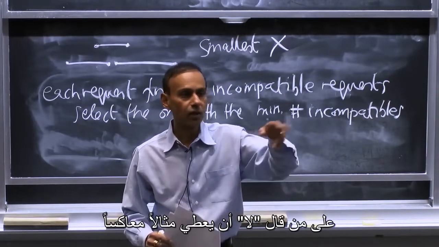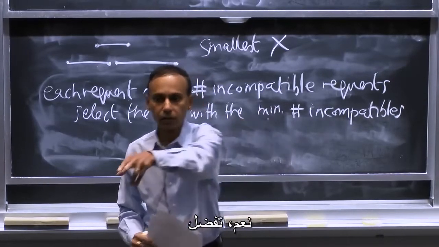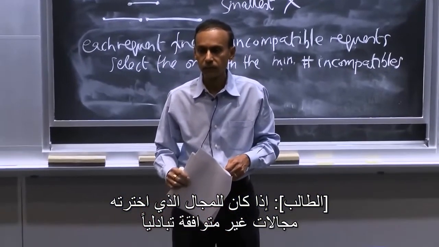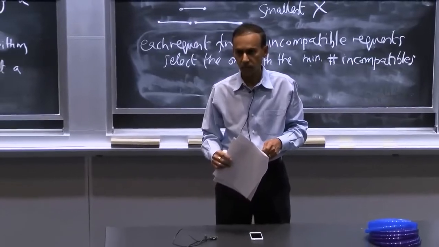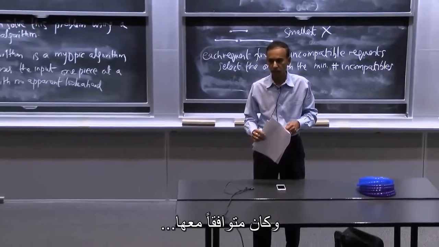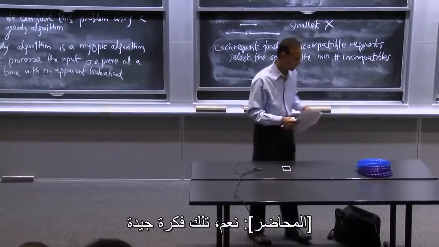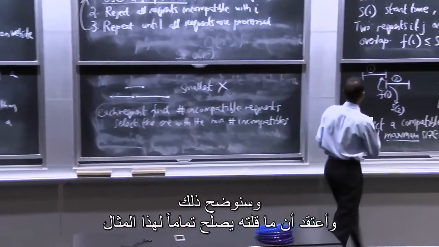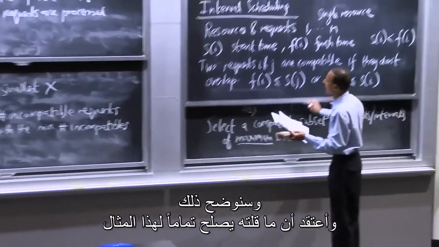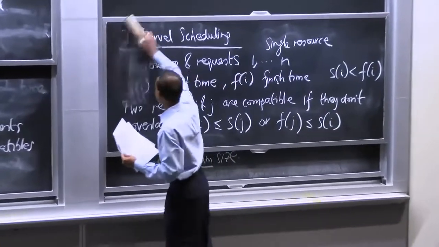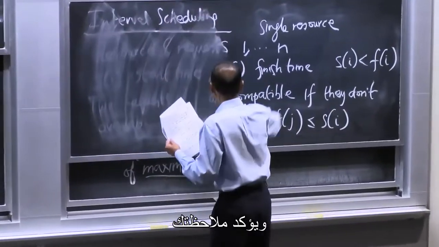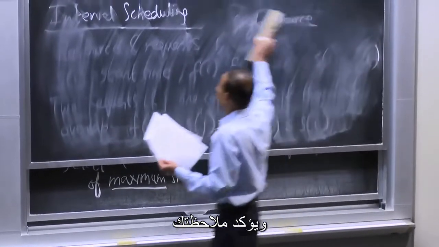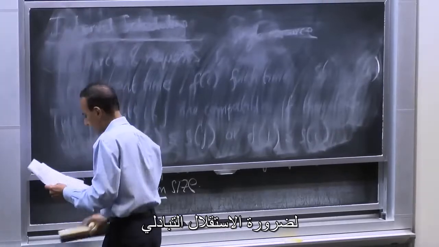Well, anybody who said no should give me a counterexample. Yeah, go for it. If the one that it selects has a mutually incompatible collection of intervals with which it's compatible. Right. So that's a good thought. We'll have to concretize that, and I think this particular example does exactly what you said, which instantiates your notion of mutual incompatibility.